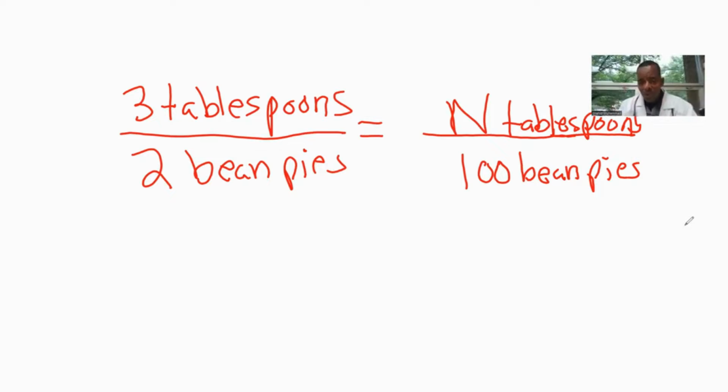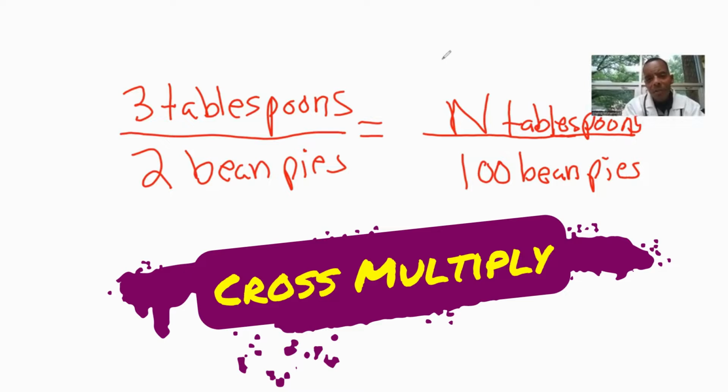Whenever you have a proportion, I want you to do Wakanda for life. Bam! I want you to make an X. Because the way we solve proportions is we simply cross multiply. Make your Wakanda for life symbol, bam, an X, bam, an X. That's how we solve the proportion.